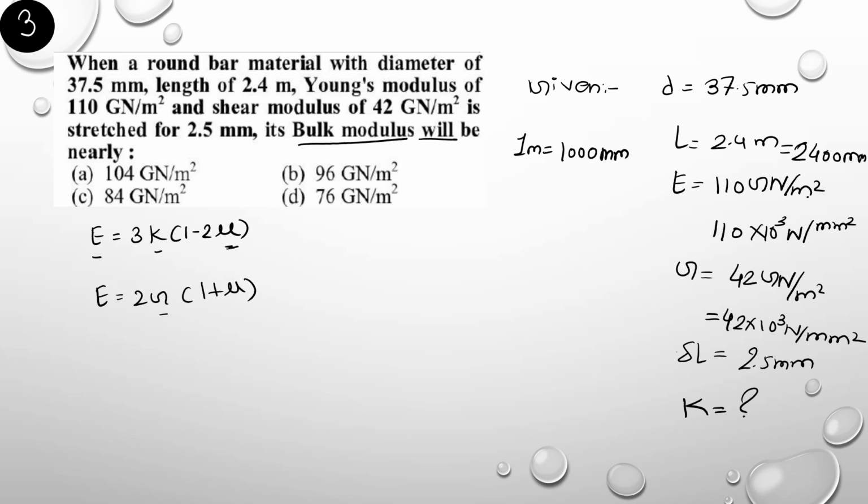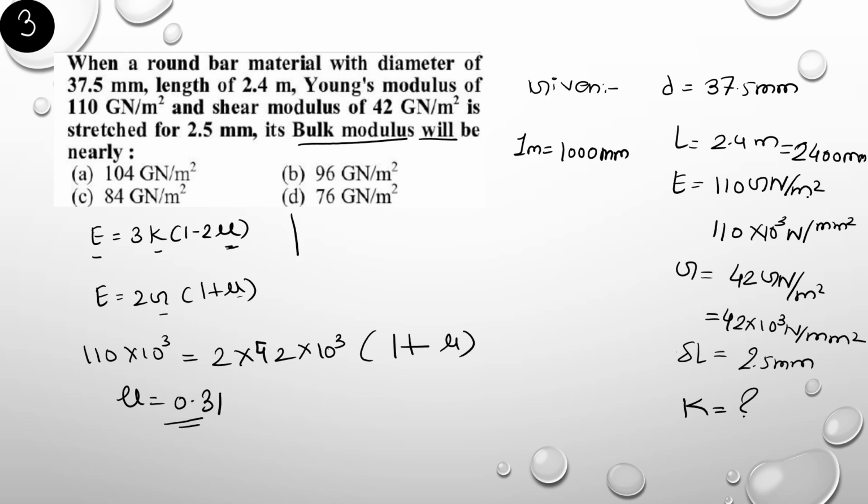Here G is known, mu is unknown, and E is known. E is 110 into 10 raised to 3, equal to 2 into 42 into 10 raised to 3 into bracket 1 plus mu. So the mu value is 0.31. Then we put that mu into this formula.